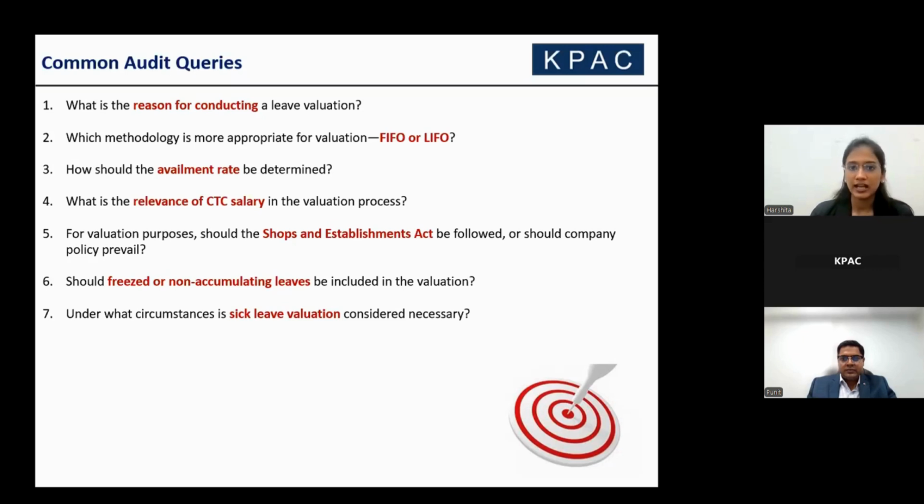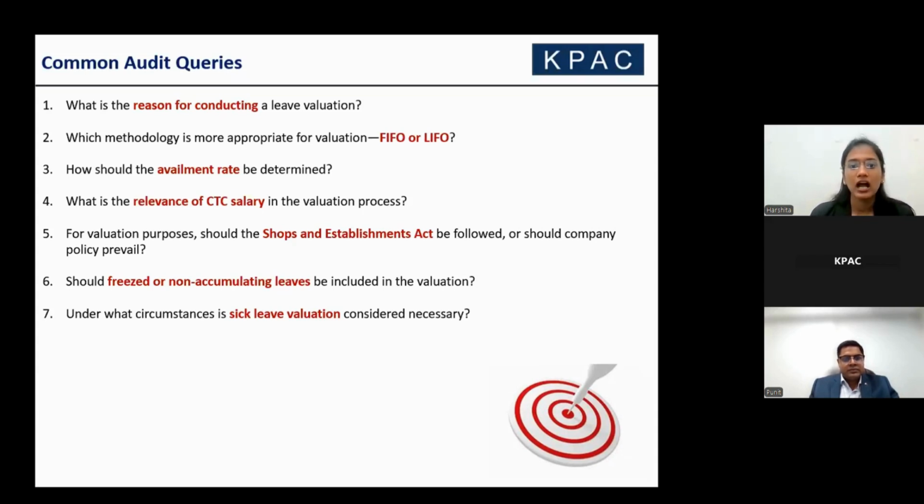The answer, again, as we have discussed, lies in compliance with accounting standards for long-term accumulating benefits and the need for correct financial representation. Second question, which methodology is more appropriate for valuation, FIFO or LIFO? Again, this depends on the company's specific policy and the historical leave utilization patterns. We covered the implications of each.